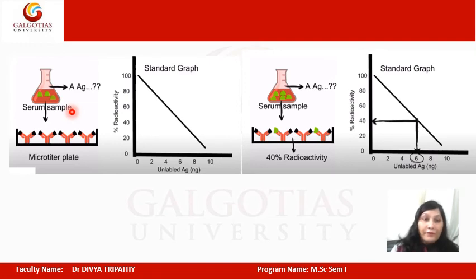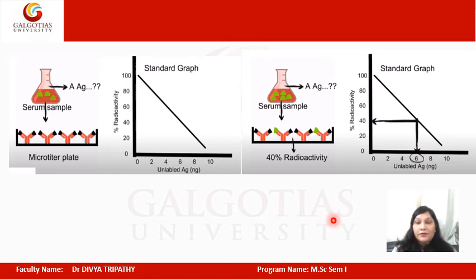Now we will add this serum sample to this microtiter plate, right? Suppose after adding this serum sample to the microtiter plate, the radioactivity of the microtiter plate decreased to 40%, and this is due to the competition of A antigen, if present in the serum, with the labeled antigen.